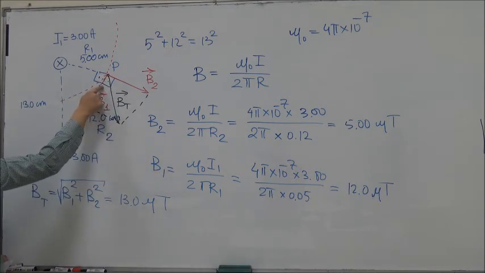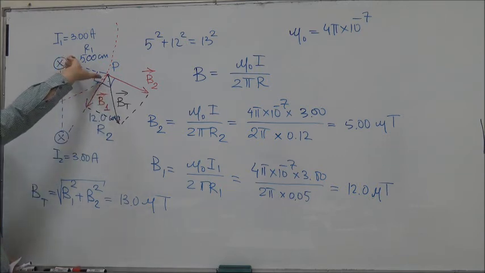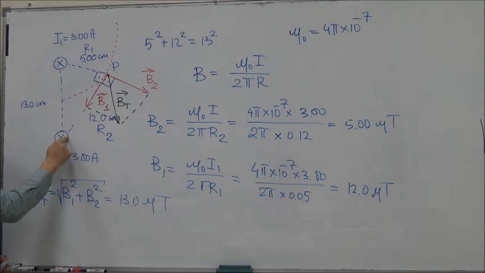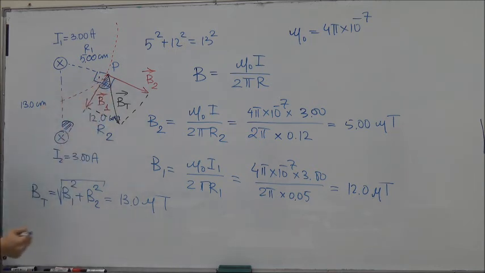So this angle is the same as this angle, because here the distance is also 5 and this distance is also 12. So these two triangles are actually similar, and this angle is equal to this angle, which is only true if this line is parallel to this line. So the total field is pointing straight down, and this is its magnitude.